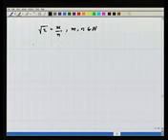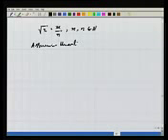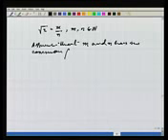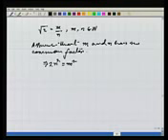So let's assume that m and n have no common factor, of course, except 1. Well, if that is the case, this would imply that 2n² equals m². I'm just squaring both sides of the equation, right?